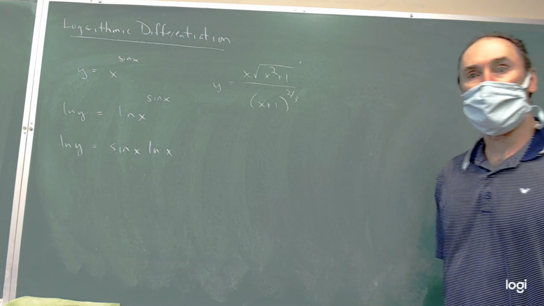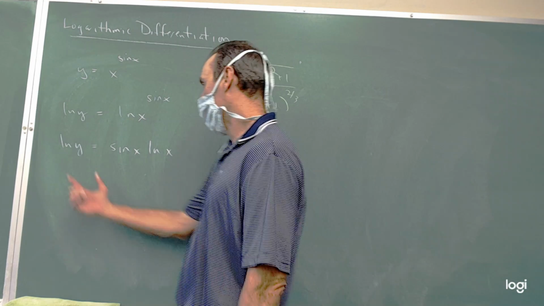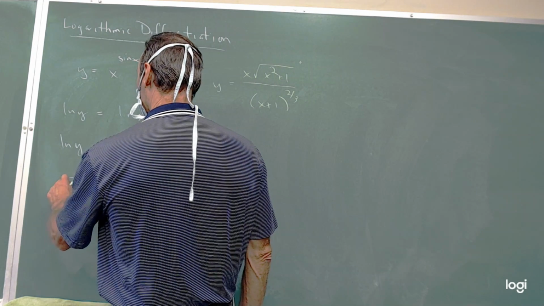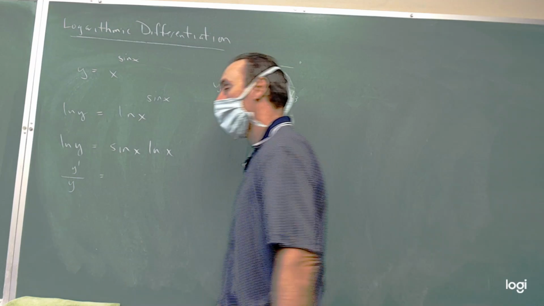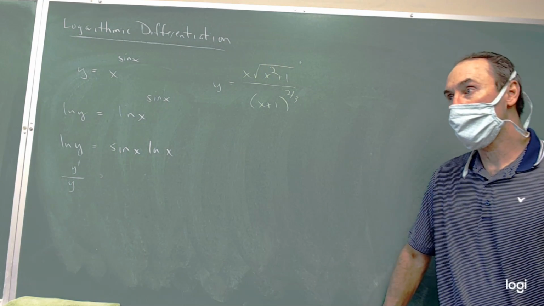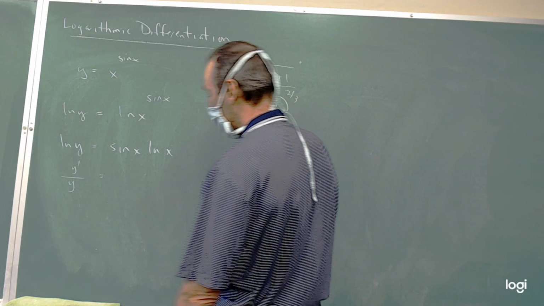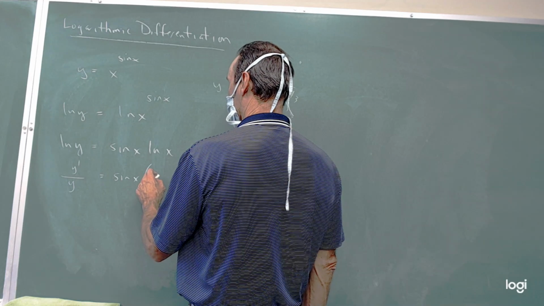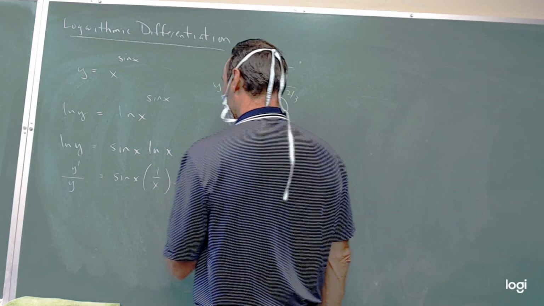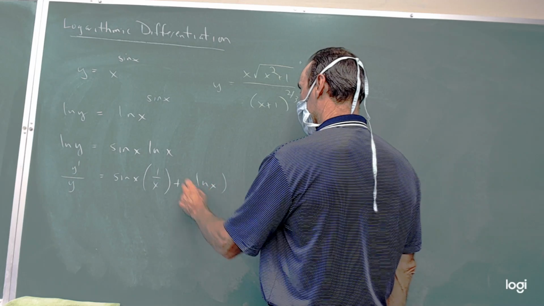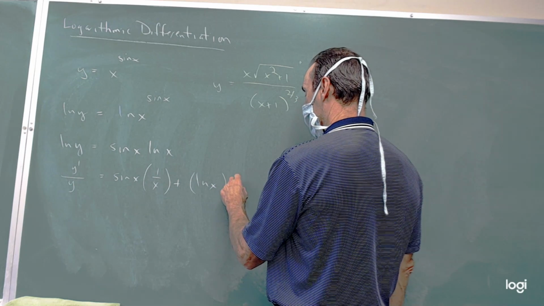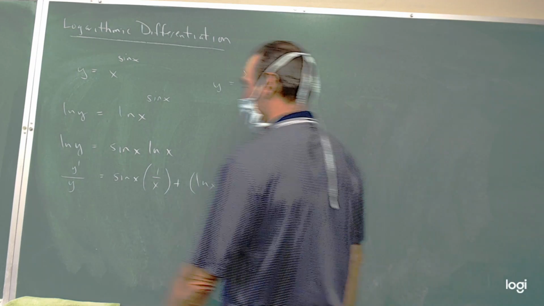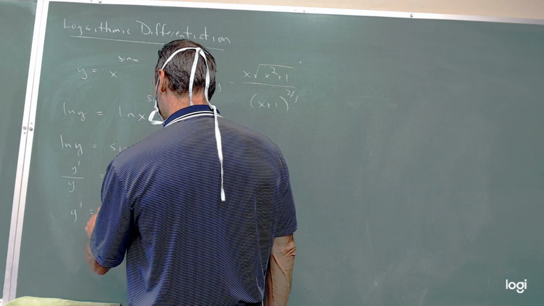Now we can do implicit differentiation. So the derivative of natural log y is 1 over y times y prime. And on the other side, we're going to have to do a little product rule. So sine x times 1 over x, plus natural log x times cosine x. So we're going to have to multiply that y to the other side.